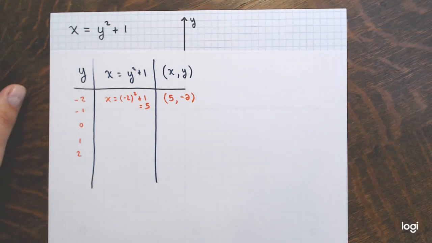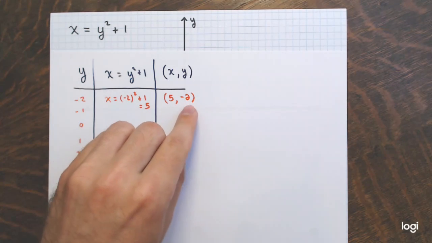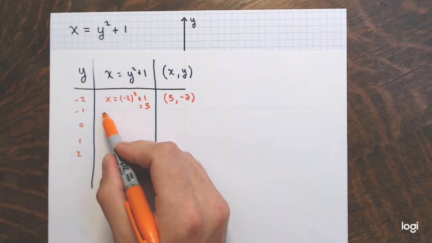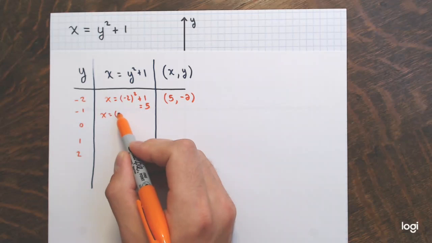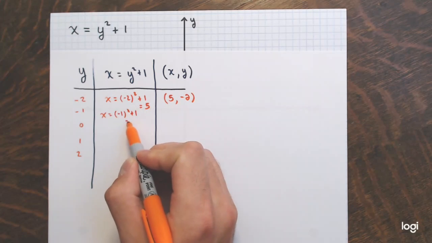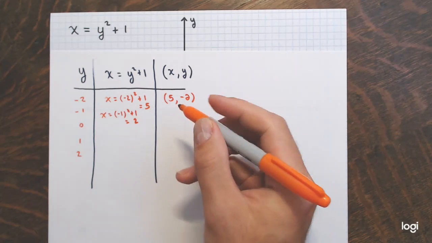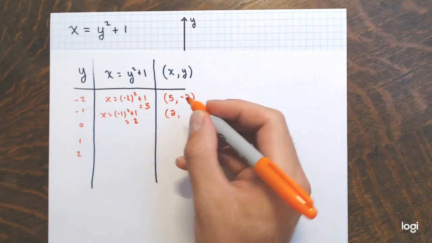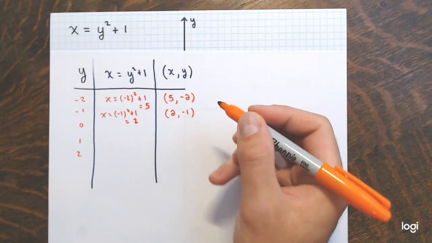And so in this relation, 5 corresponds to negative 2. When y is negative 1, x equals negative 1 squared plus 1, that's 1 plus 1 is 2. So again, be careful. 2 is the x-coordinate, negative 1 is the y-coordinate.